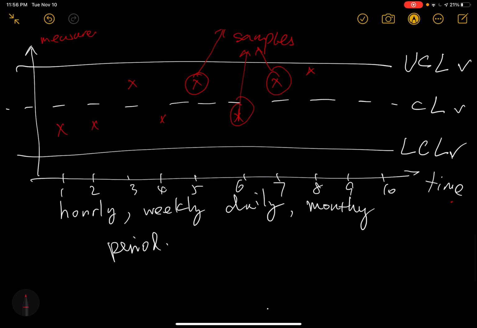Now, if the sample stays inside the range of the upper control limit and lower control limit, we're good.